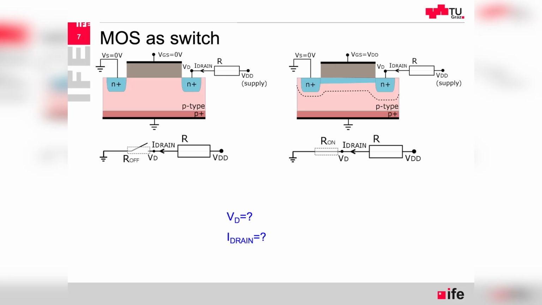In this case, where we have the N+ doping, if we would like the switch to be conducting, so that we have a resistive path between the drain and source, what we have to do is apply voltage at the gate. This will attract the minority carriers from the P-type material, that means electrons, under the gate, and the electrons form the charge sheet under the gate, which creates the N+ material.